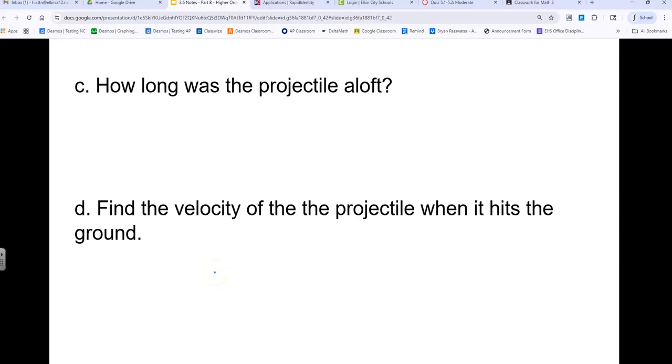So C says, how long was the projectile aloft? I took this from the worksheet that you're going to have today to make sure we knew what this means. Whenever it says aloft, it means in the air, right? So if I want to know how long the projectile was in the air, what do I need to do?